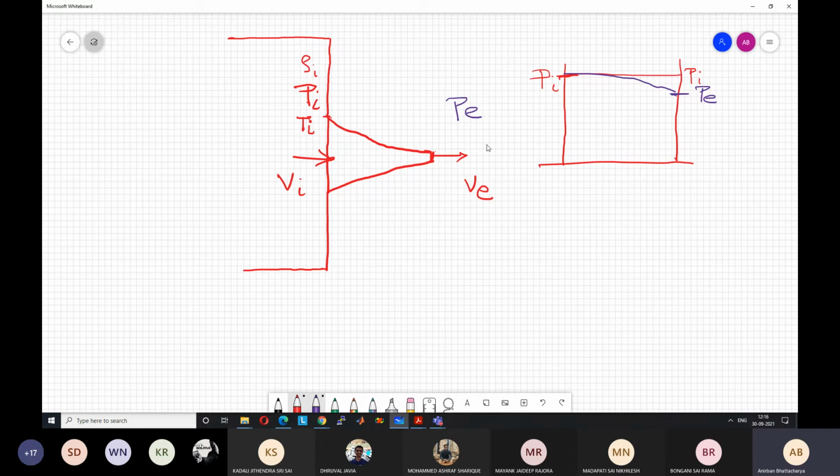As a result, there will be an inlet velocity Vi, and at the exit there will be an exit velocity Ve. So if we decrease the pressure further, say up to this condition, what will happen to the mass flow rate and the exit velocity?